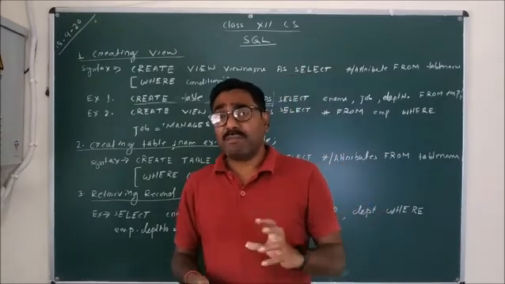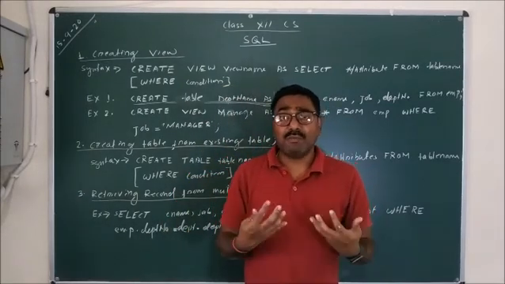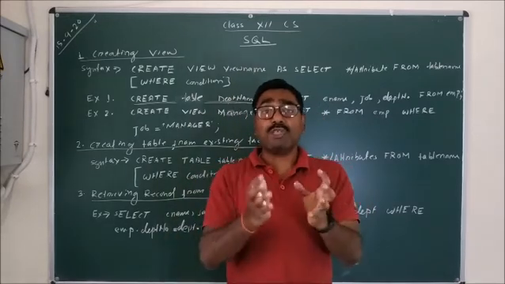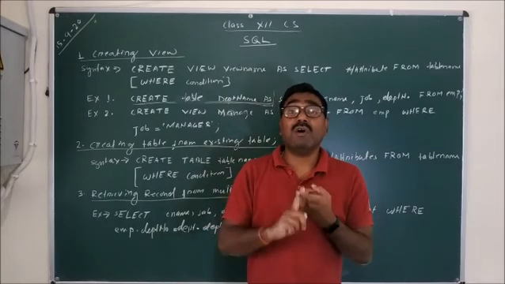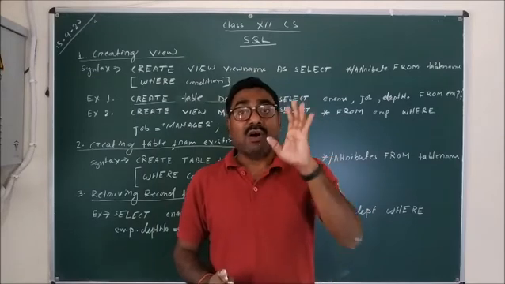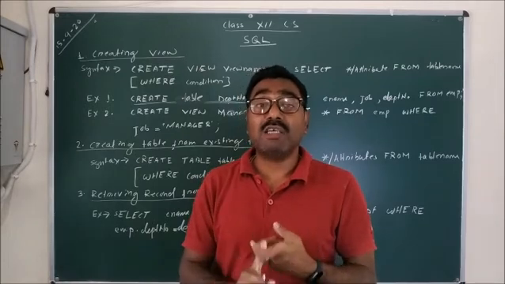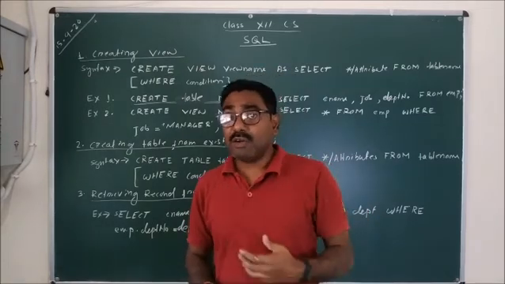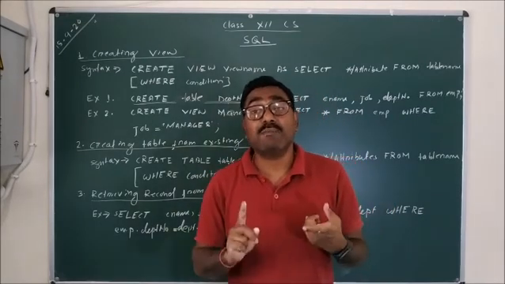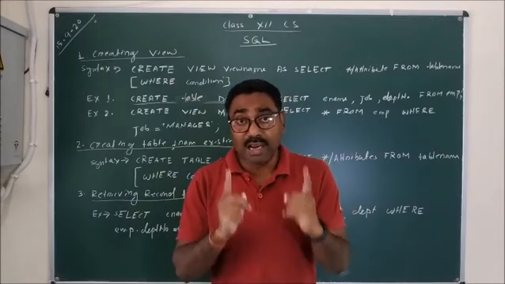So whichever tables you are going to retrieve records from simultaneously, all those tables must have a common attribute. In this particular case, the department and the employee tables have a common attribute, that is the department number.